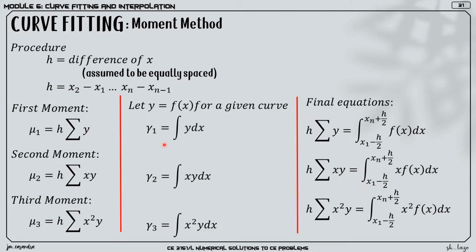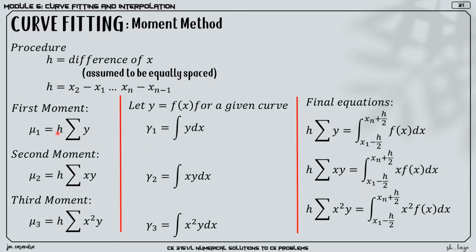To remember the equations for the true and theoretical moments, you could observe that the variable inside the sum, or the sigma, is the variable that is inside the integral in the equations for the theoretical moments.